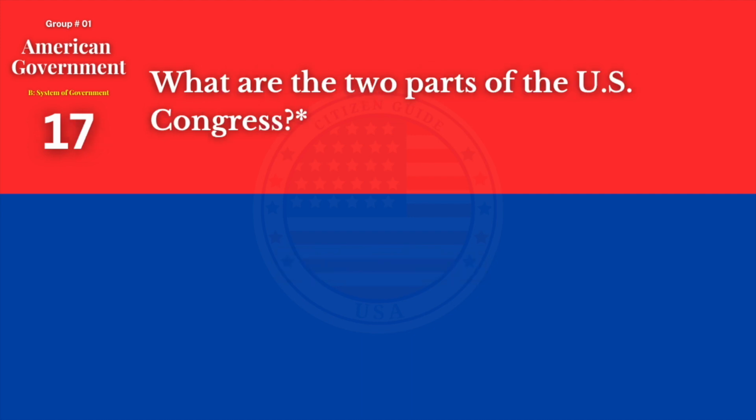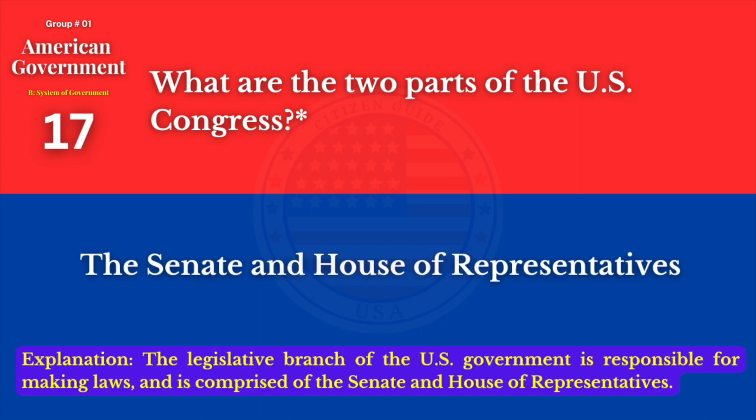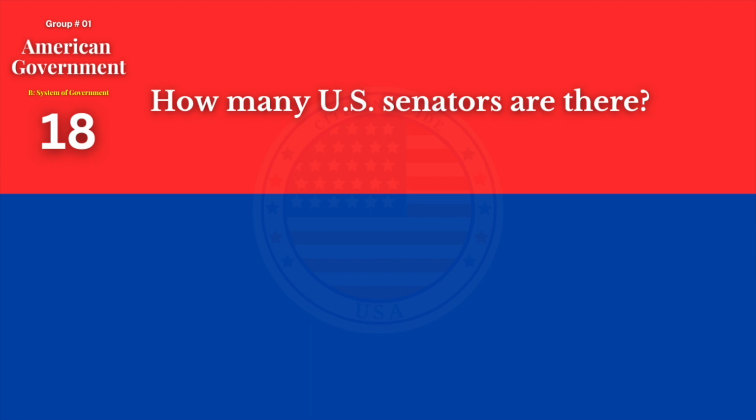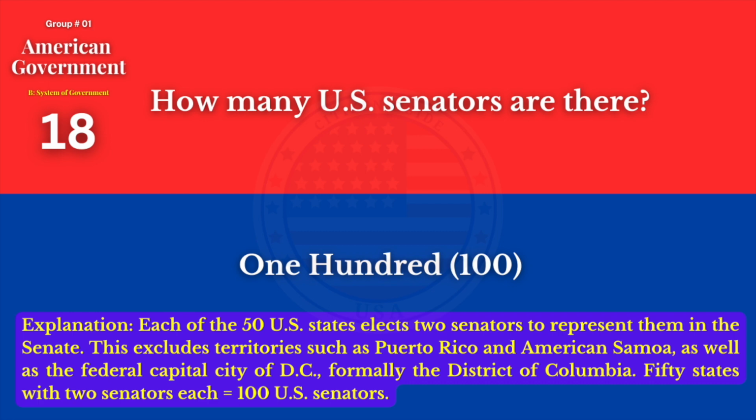What are the 2 parts of the U.S. Congress? The Senate and House of Representatives. How many U.S. senators are there? 100.